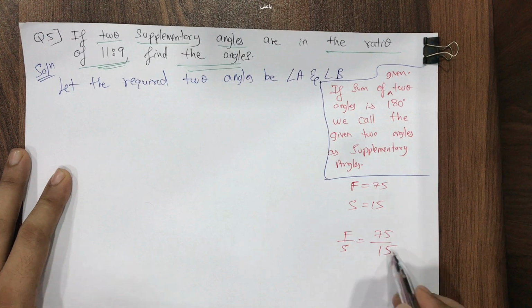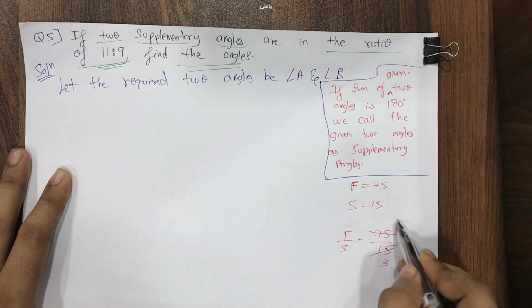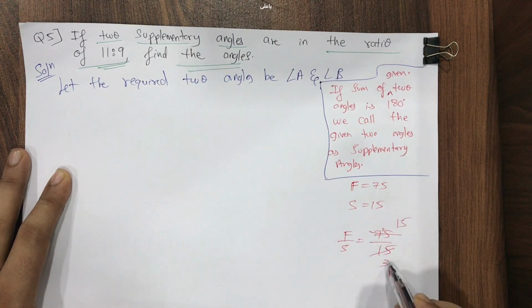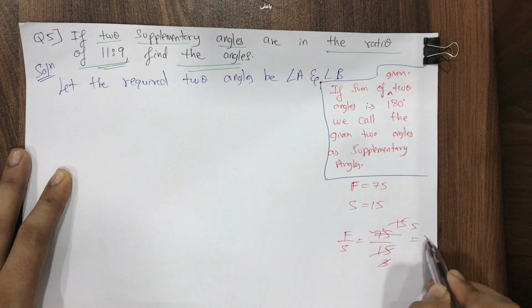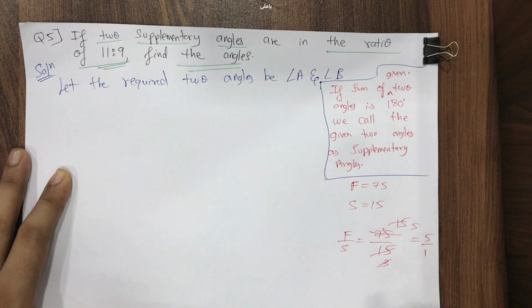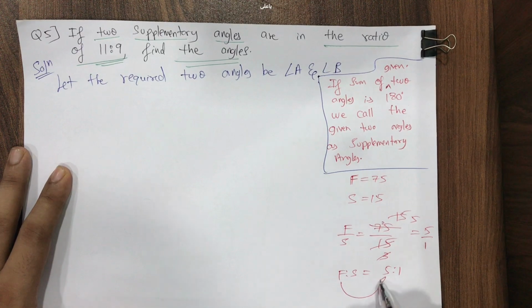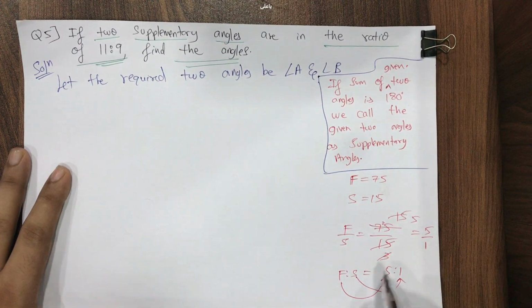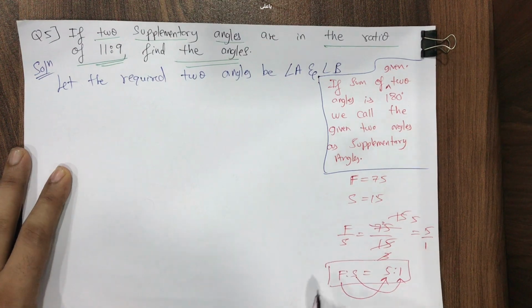Understanding please? 5 3s are 15, 5 1s are 5, 5 5s are 25, 3 5s are 15, and the ratio becomes 5:1. So father to son ratio is 5:1. Now will you say father is 5 years of age and son is 1 year of age? Of course not. Whenever ratios are given, they are the reduced forms. They are not the exact values.